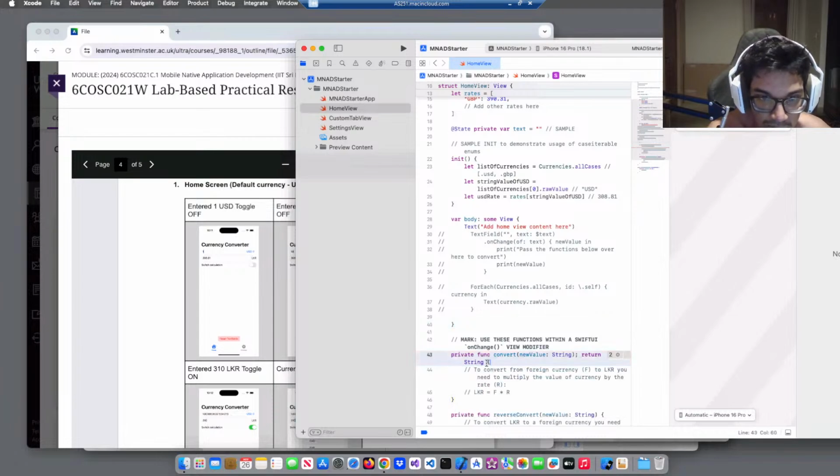But why does it keep doing that? Oh, I think it's this one, right? It's this, isn't it? Swift functions, let me check.